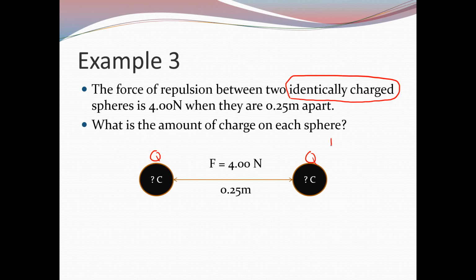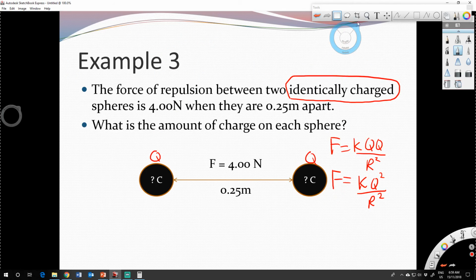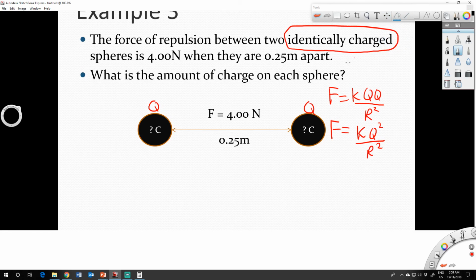And when we write our equation, we get the following: F equals k Q Q over r squared. This ends up simplifying as follows. Now when we solve it, we'll put in some numbers.